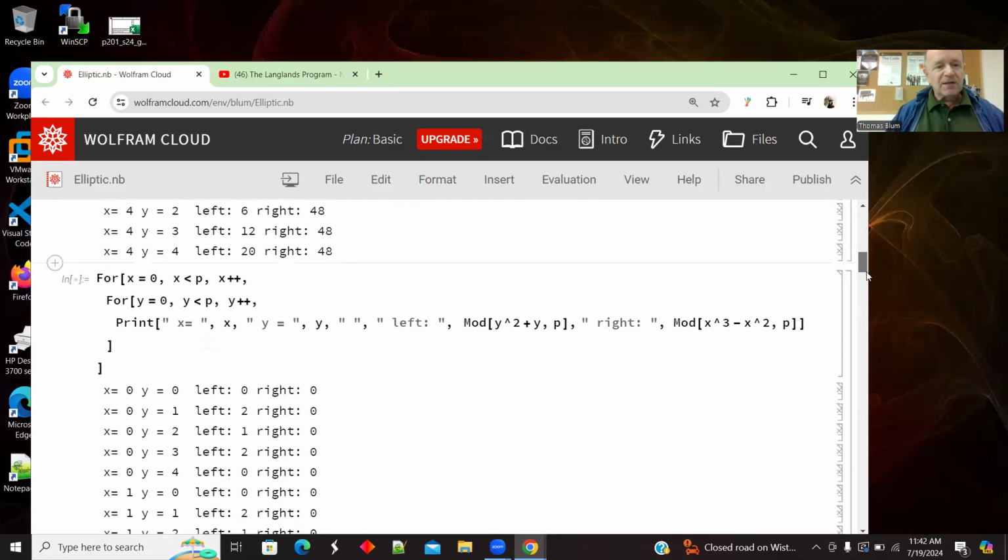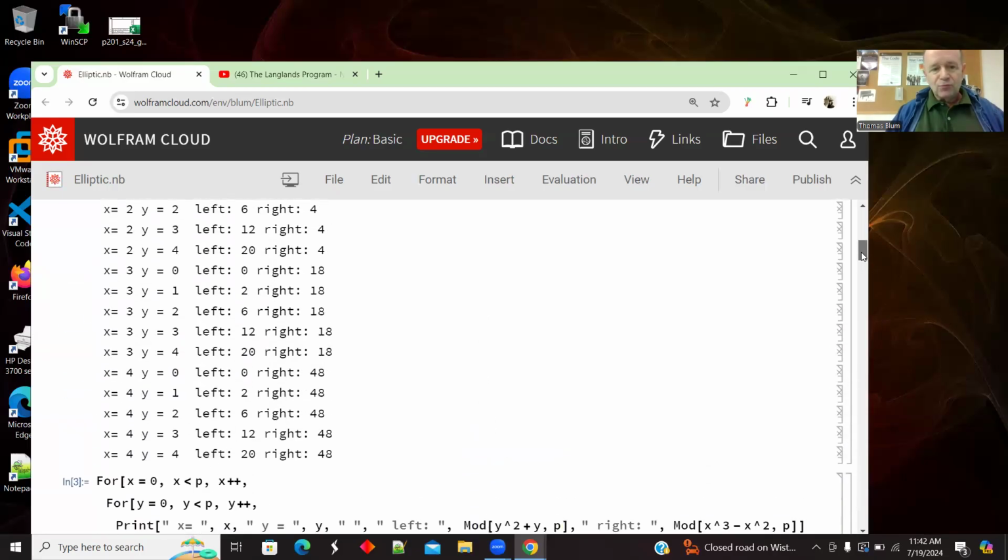So that's what will come next. Mathematica has a Mod method, and so I am taking the mod of these things with respect to p, the prime. That's just one modification to what I had above.